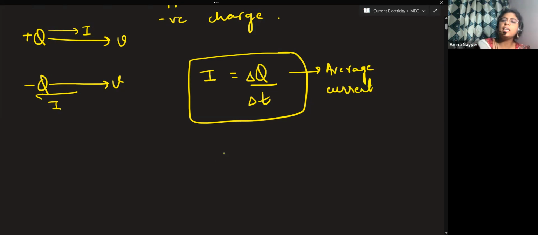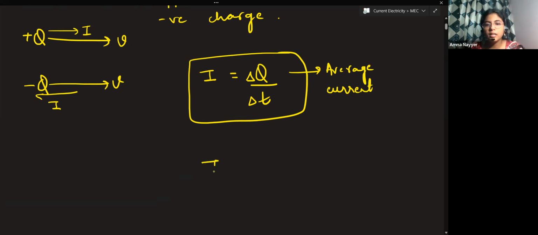But if I ask how much charge is flowing exactly at t equal to 3 seconds, what am I getting? I'm getting the instantaneous current, the current flowing at that particular instant of time. Be it 3 or 0.0003, even for an infinitesimal change you can calculate the electric current.